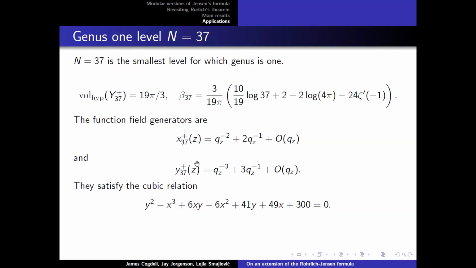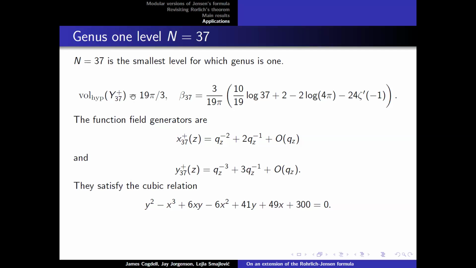And in this genus 1 level case, I just wrote down the q-expansion with a few terms for the function field generators, and they satisfy this cubic relation of this type. And of course, all the constants that I mentioned before can now be explicitly computed. For example, this constant beta 37, which is one part of the constant term in the Laurent series expansion of the Eisenstein series, is presented here.